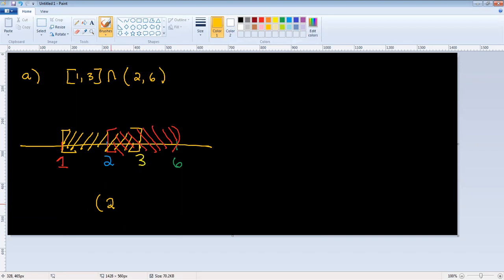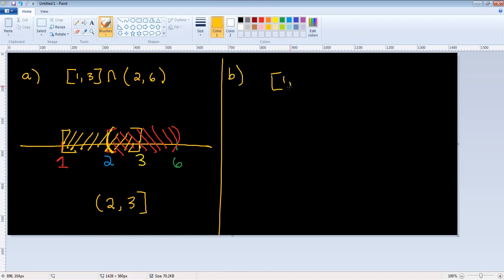So this is going to be 2 and then 3. Okay, so 2 to 3, because this is actually open right here. So 1 to 3 is closed, 2 to 6 is open. And what are we going to get here? We're going to get 2 to 3. Okay, wonderful.